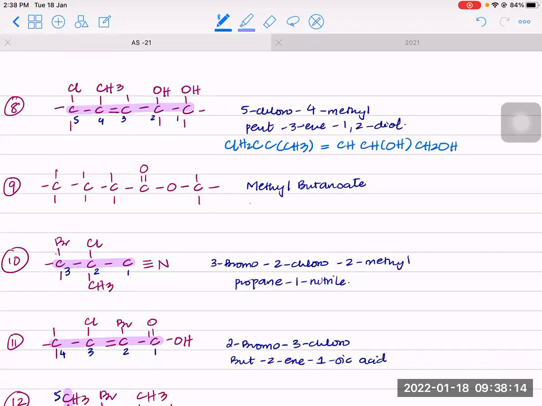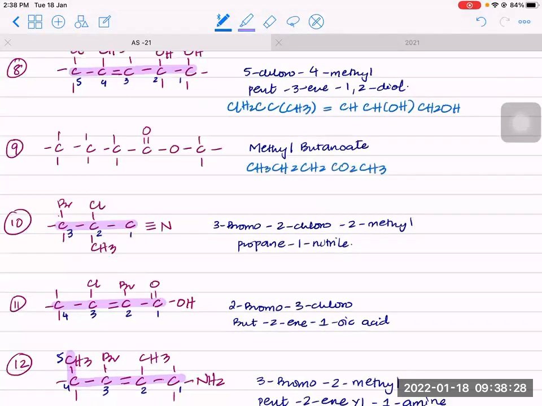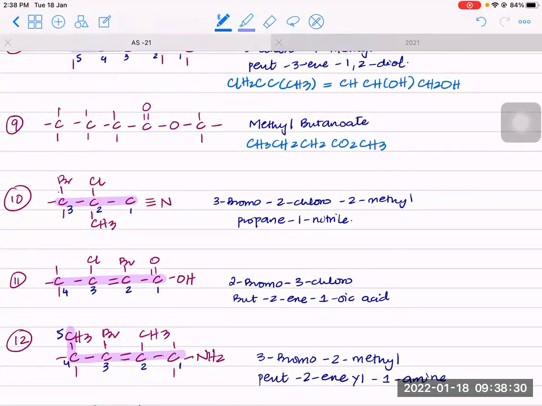Number 9 would be CH3, CH2, then another CH2, then you have CO2, and then you have a CH3. You can write the CO2 as COO as well, right? Number 10 would be CH2Br. So again, you write it like this, CH2Br.